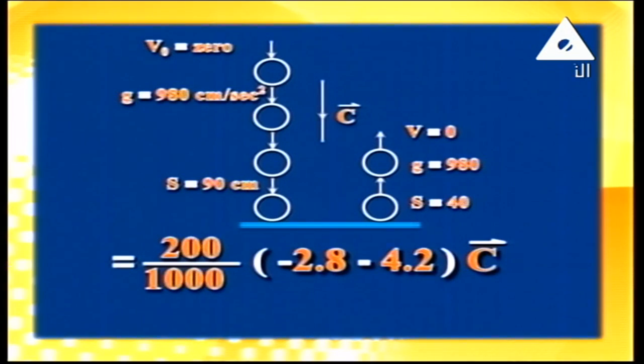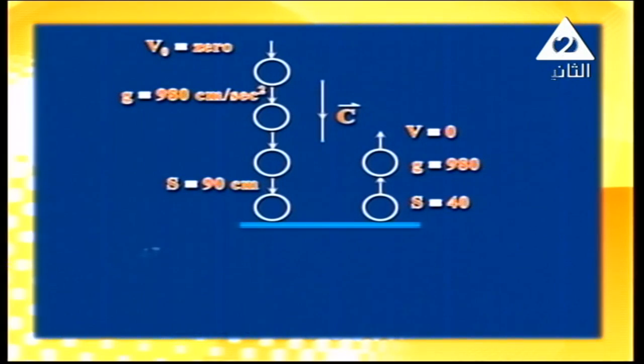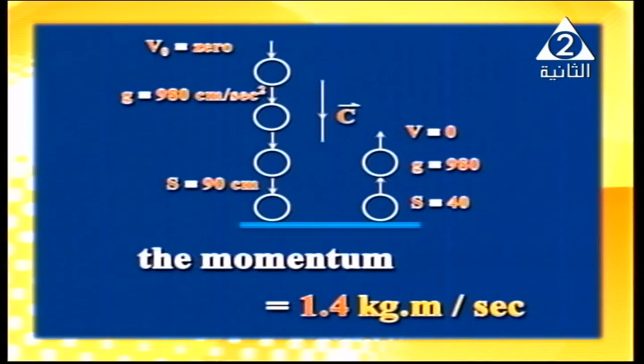Therefore, the change of momentum equals 200 over 1000 multiplied by the bracket containing negative 2.8 minus 4.2, which equals negative 1.4 i vector. Therefore, the momentum in magnitude equals 1.4 kilogram meter per second.